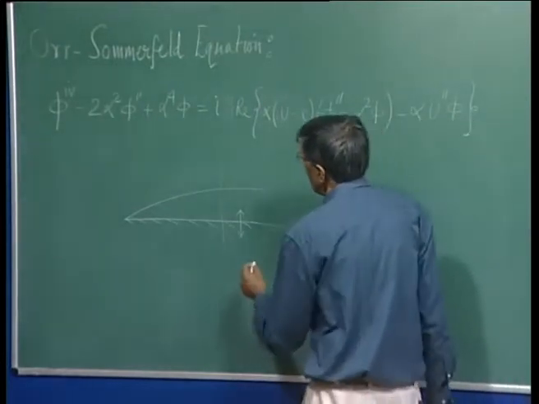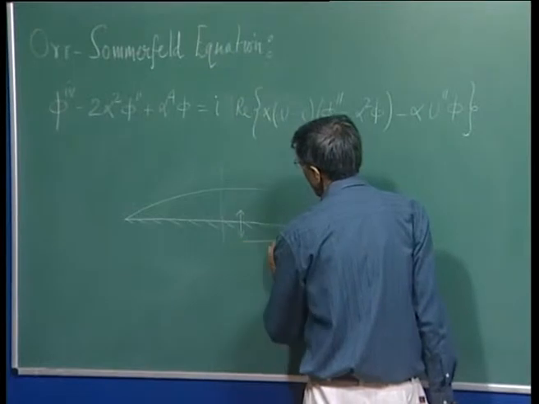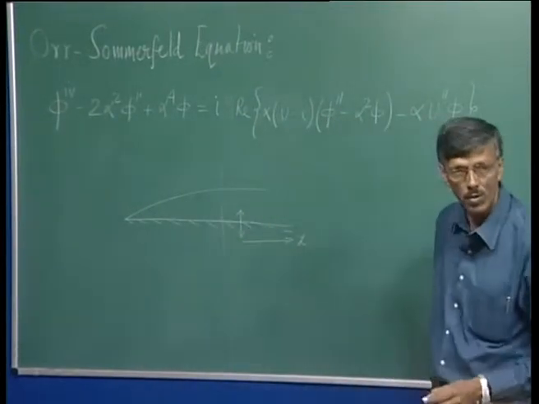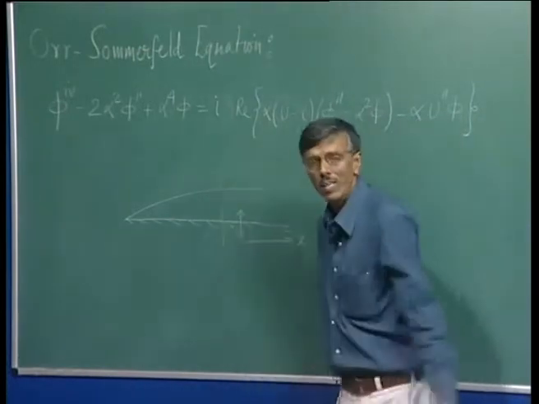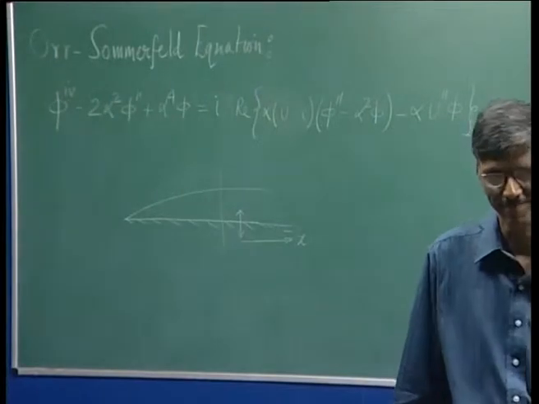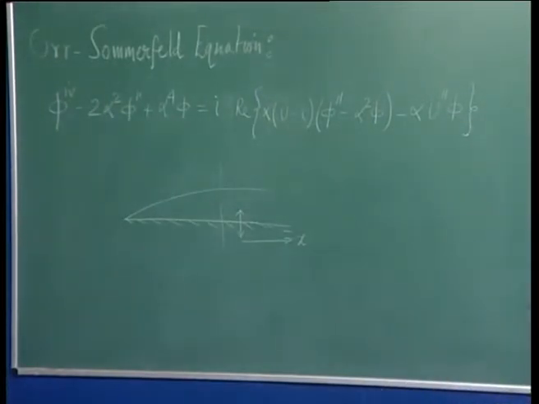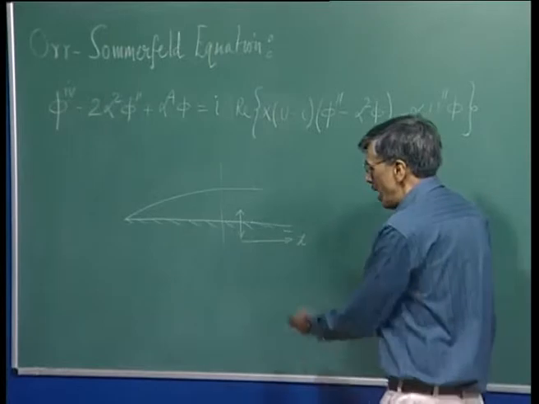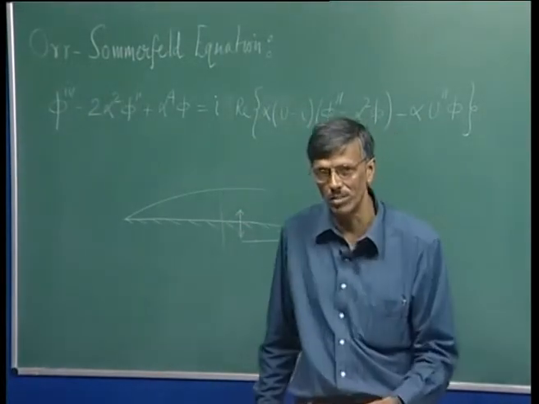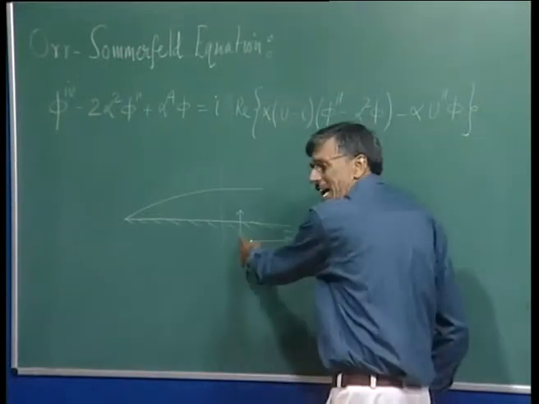So, I could actually fix a coordinate system like this. My x will start from here, y will go from there. As far as the parallel flow is concerned, there is no origin. It is supposed to be coming from minus infinity going to plus infinity, but it is the location of the exciter that imposes a coordinate system. So, we decide to have the origin there.